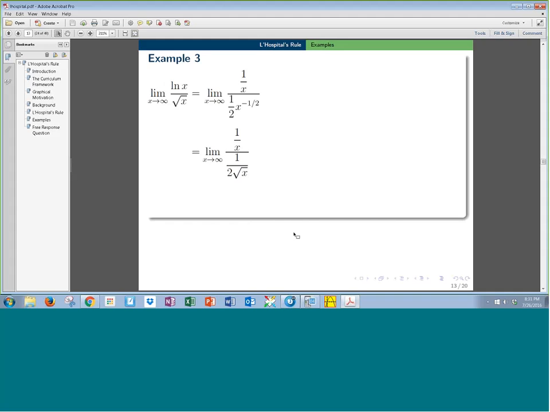Absolutely. So I did a little bit of rewriting in the denominator and then a little bit of simplifying in the next step. And then I can evaluate that limit: as x increases without bound, the denominator is increasing without bound, the numerator is constant, and that drives that whole fraction off to 0.